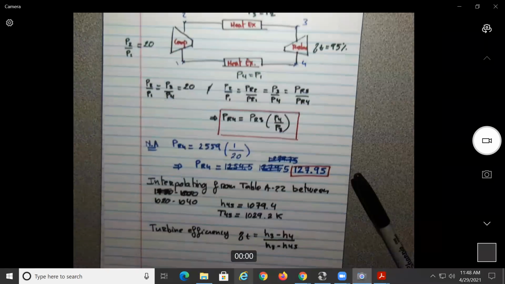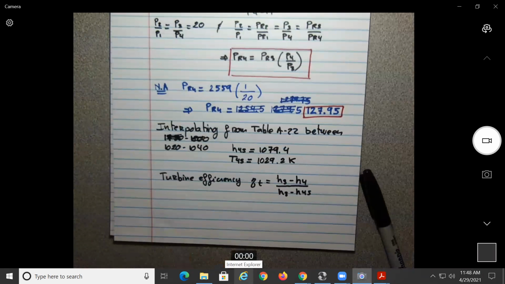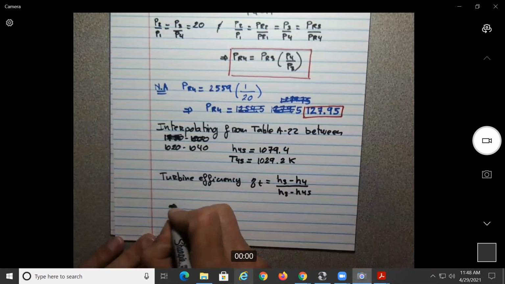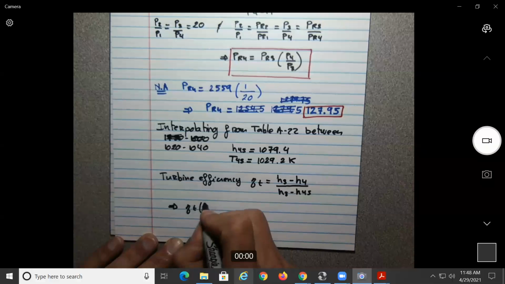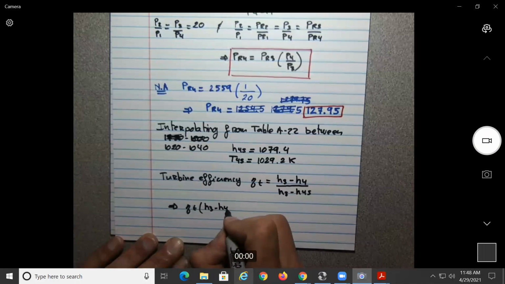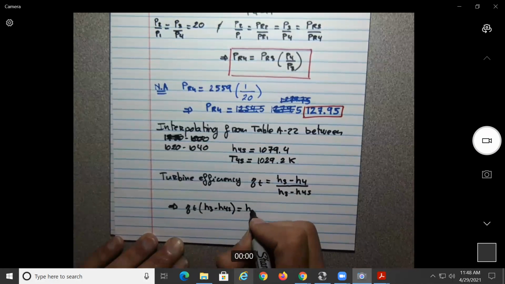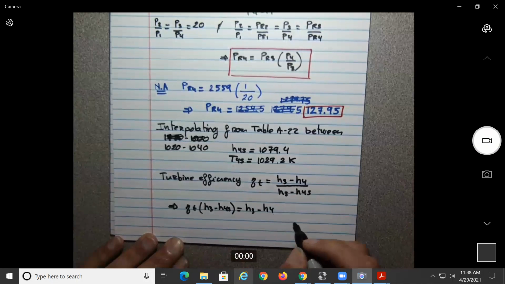So this is what I have over here. So basically we do some basic algebra. This is going to give us that the efficiency is H3 minus H4 equal to H3 minus H4S.